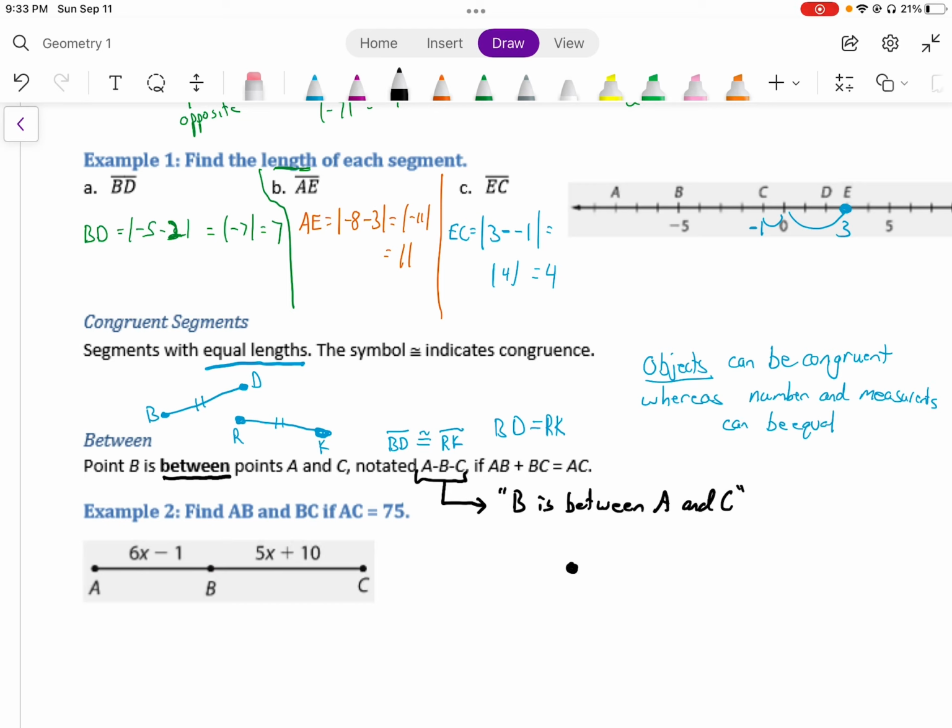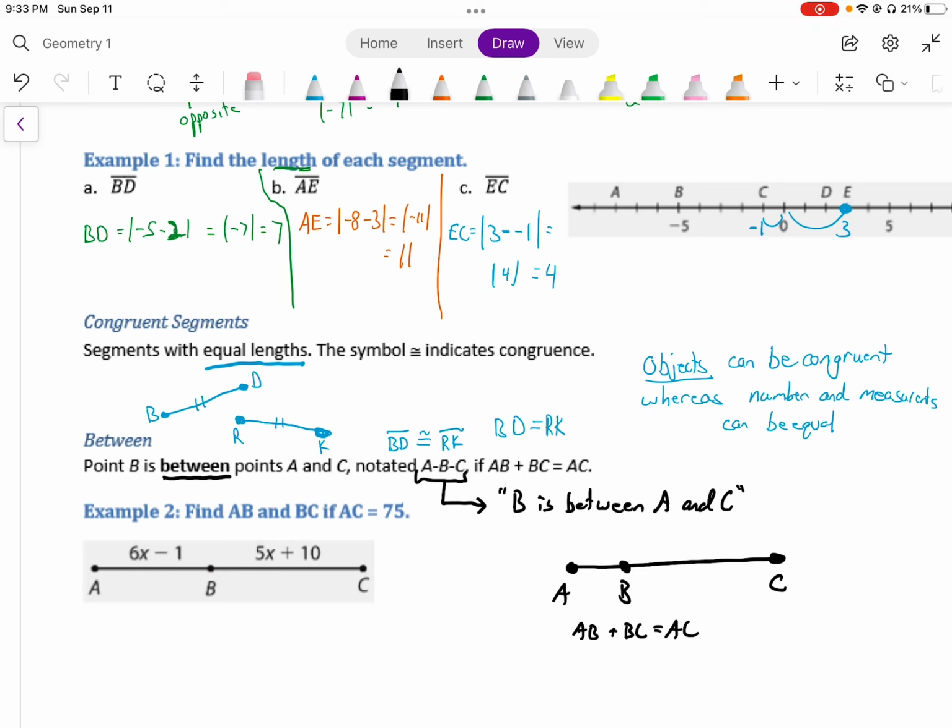So let's take a look at this. Here's A and C, and this is B here. Notice B does not have to be exactly in the center, which we'll talk about later. It can be anywhere on that same segment, but AB plus BC equals AC.